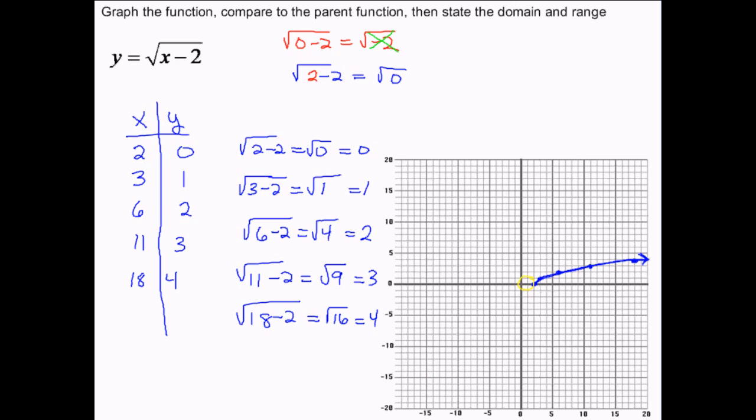So what this has done is changed my domain. If there's anything underneath the radical, if my radicand has something other than just x in it, that is what changes my domain. And I now have to be greater than or equal to 2. If I'm less than that, I'm going to get a negative number. And since we can't have a negative square root, that won't work. My range, the lowest y is 0, so we're still at greater than or equal to 0.